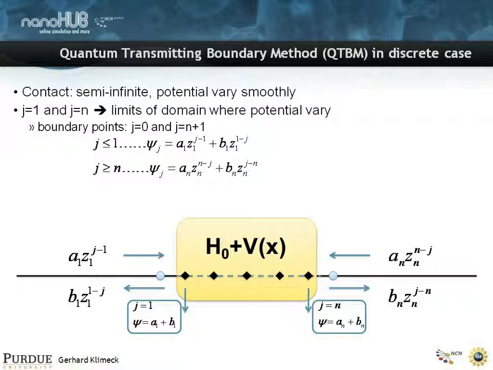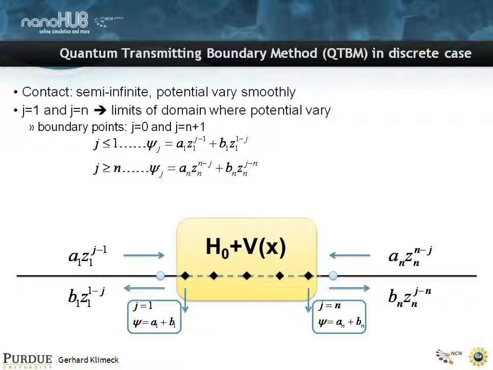You have a wave function coming in from the left with an amplitude and a propagation constant. Classically you would say e to the ikx, but this is now a discrete form on a mesh, so it's z to the j minus 1. And you have a reflected wave with an amplitude that goes in the other direction, with the 1 over z.